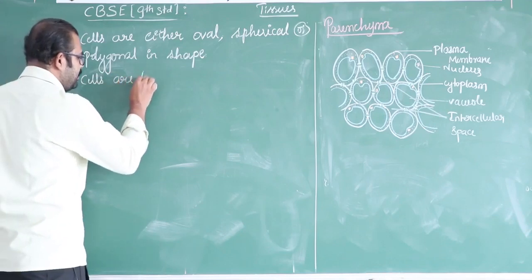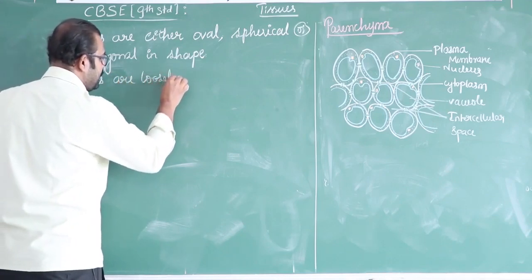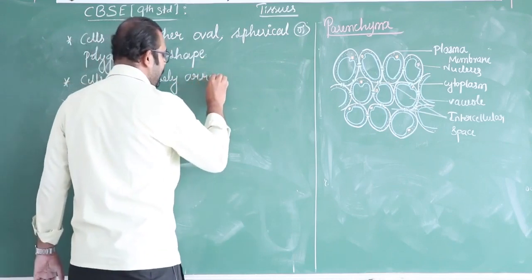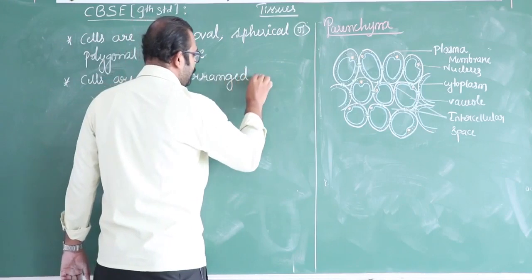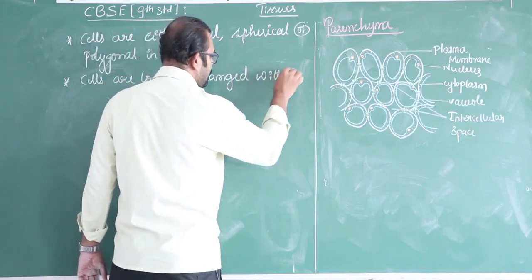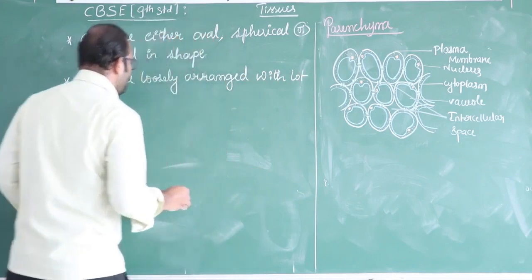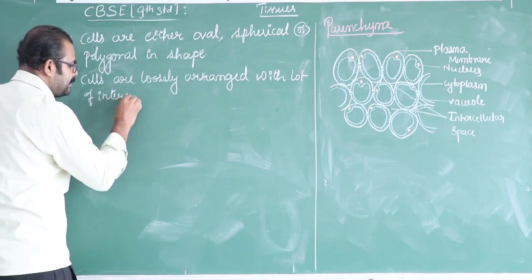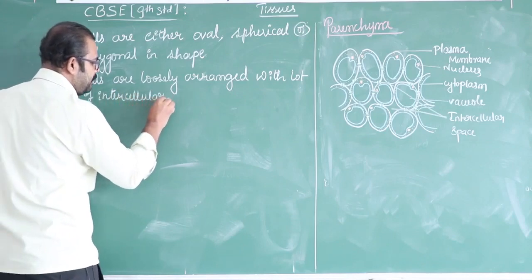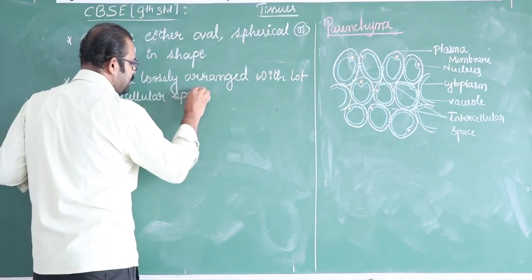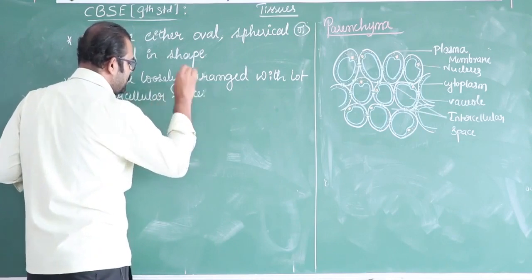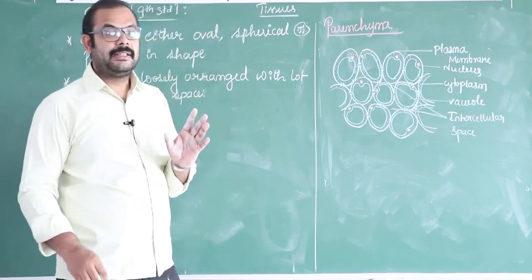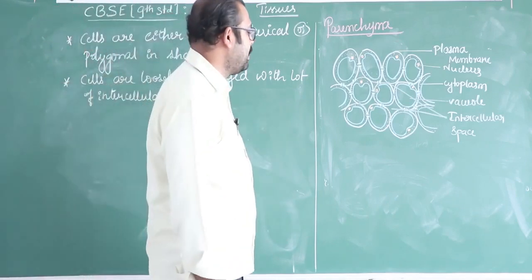So the cells are loosely arranged with a lot of intercellular space. This is the main difference between meristematic and permanent tissue, that is in case of parenchyma.